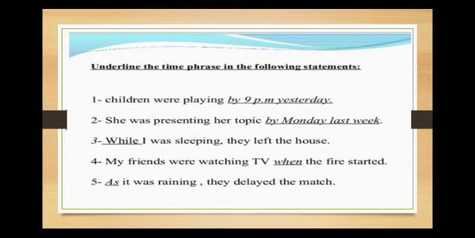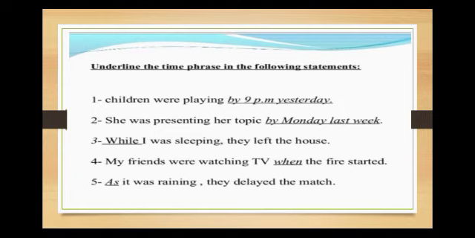Now look at sentence number 3. While I was sleeping, they left the house. While I was performing the action of sleeping, so while I was busy sleeping, they left the house. My friends were watching TV when the fire started.